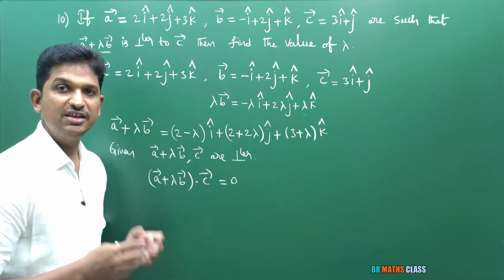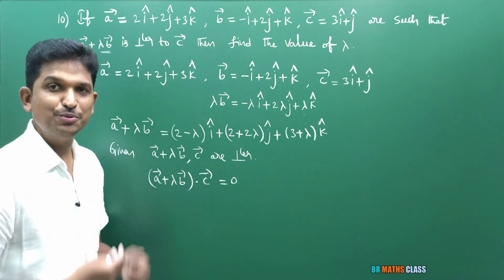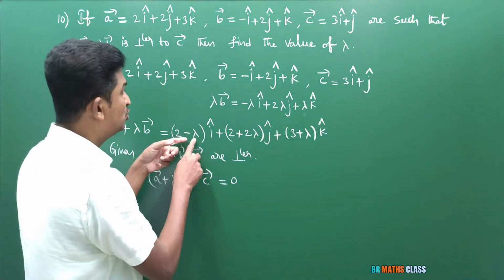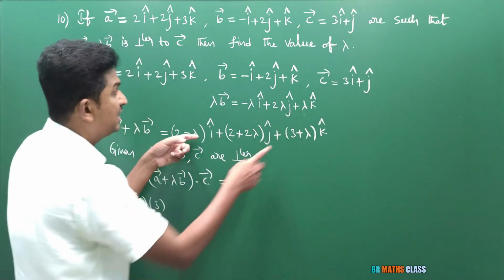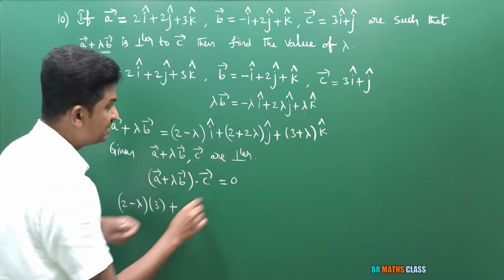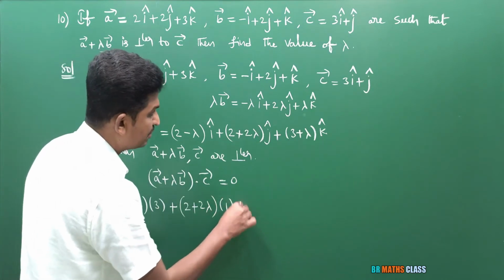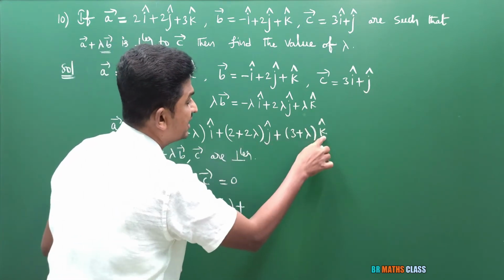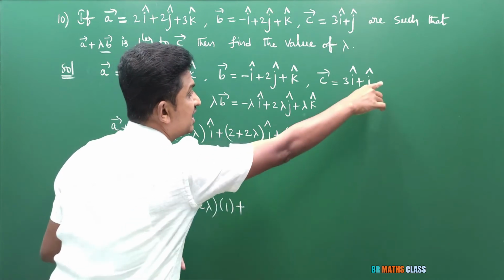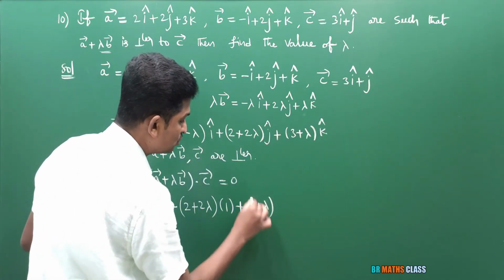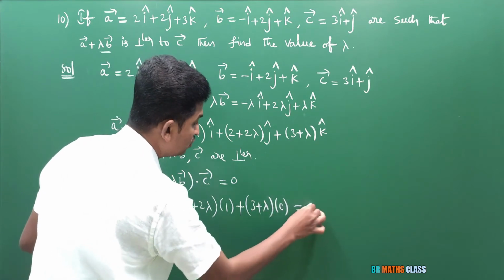What is the formula? a1 b1 plus a2 b2 plus a3 b3. That means what will you get here? 2 minus lambda into 3 plus 2 plus 2 lambda into 1 plus 3 plus lambda. Here the k cap coefficient is 3 plus lambda. Here the k cap term is not there, so what will you write? 3 plus lambda into 0 equals 0.